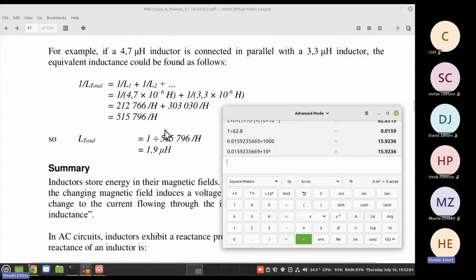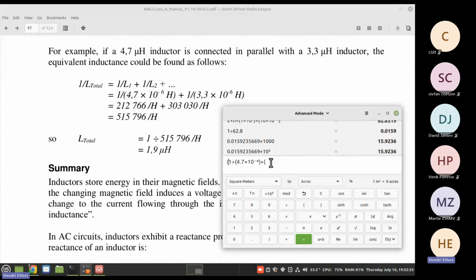Right. So there's two ways again that we can do this. We can say 1 divided by bracket 4.7 times 10 to the minus 6, plus bracket. I'm going to put another bracket there just in case.